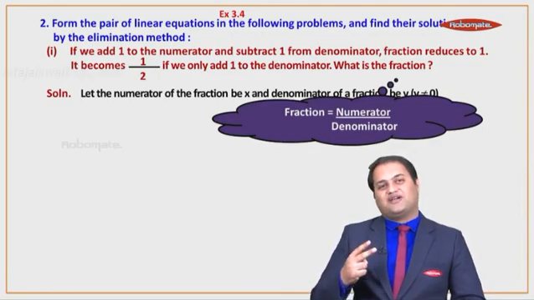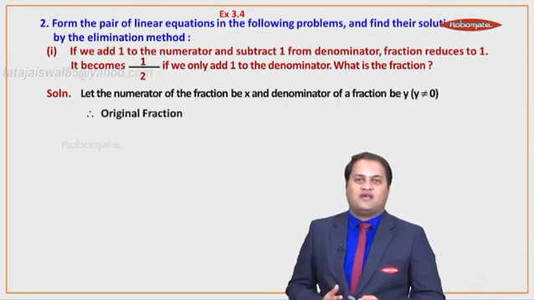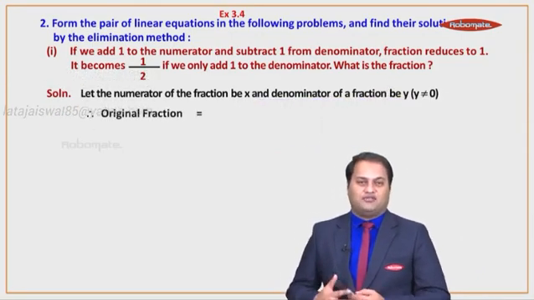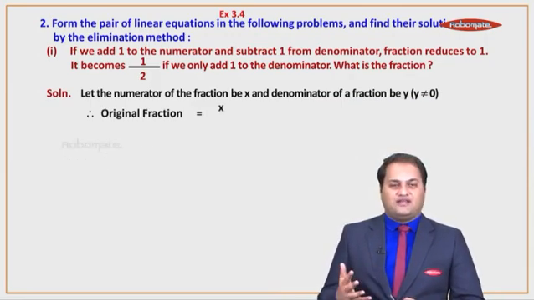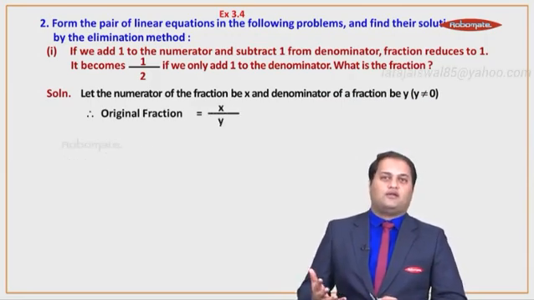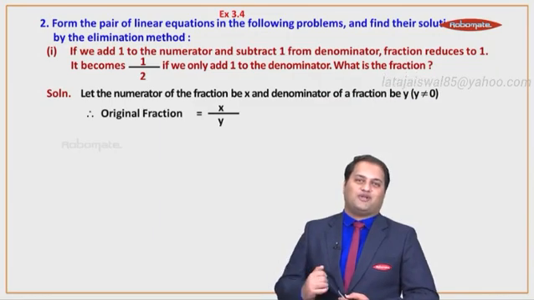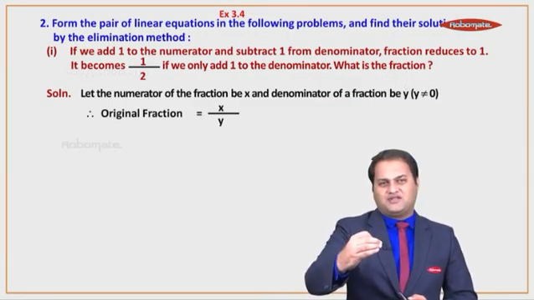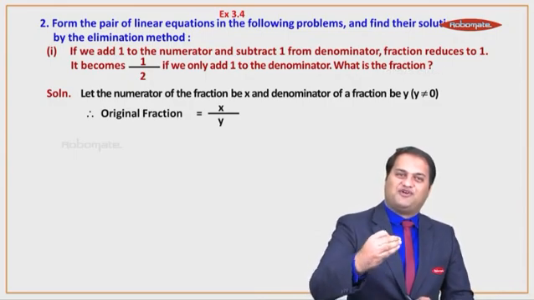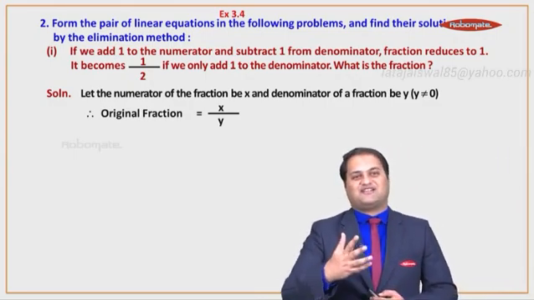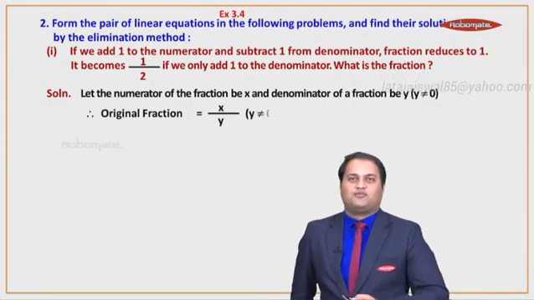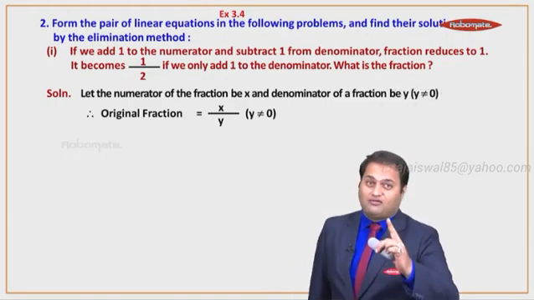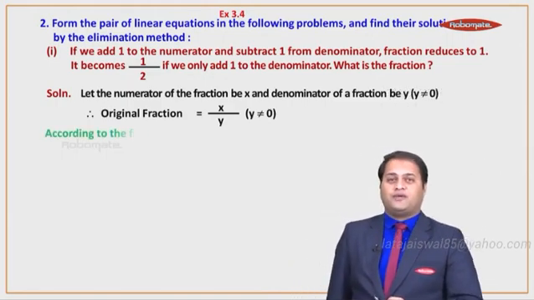What is the denominator? y. So can we say that the original fraction that we are supposed to find is x upon y, numerator upon denominator? Therefore the original fraction is x upon y. So let's form the equations. Just remember one thing, y should not be equal to 0, right?